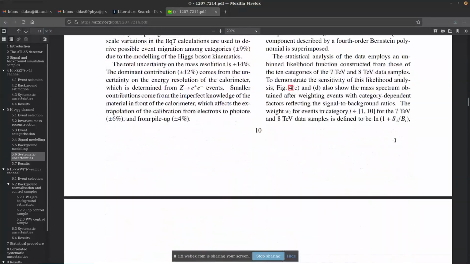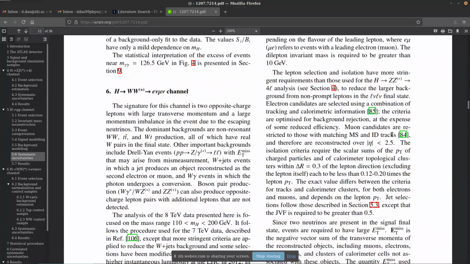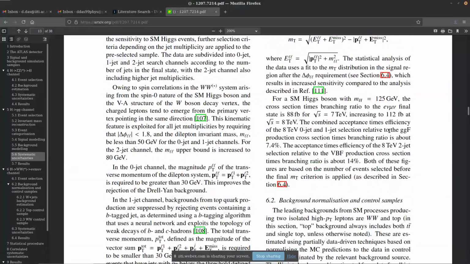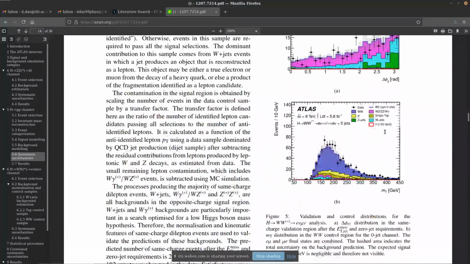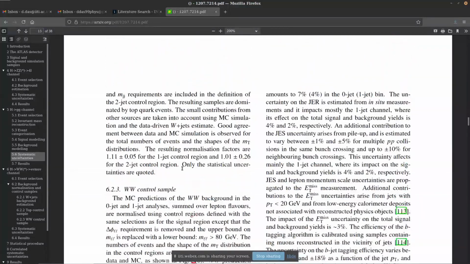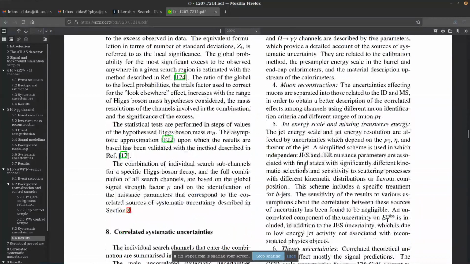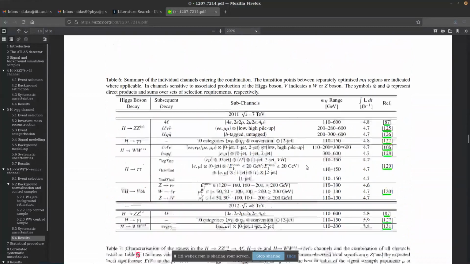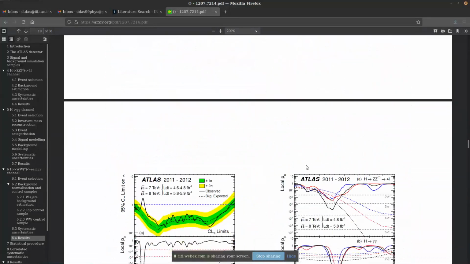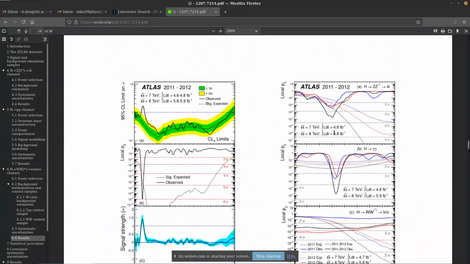And from those two plots you obtain the final results. Where is this? Well, you obtain this and this. So you note down the article number, 1207.7214.